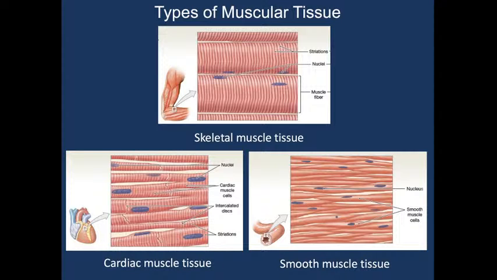The second group is cardiac muscle tissue. It is found only in our heart, where it forms most of the heart wall. Like skeletal muscle, cardiac muscle is striated, but its action is involuntary.